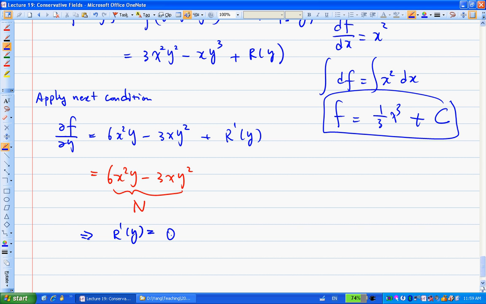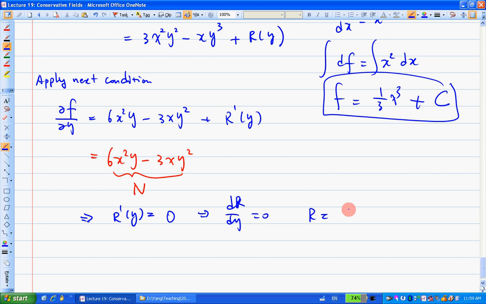So the derivative of function r with respect to y, dr over dy, equals 0. If dr equals 0, what is r? What does r give us here? Constant, right? Okay, that wakes all of you up. So r is basically a constant.